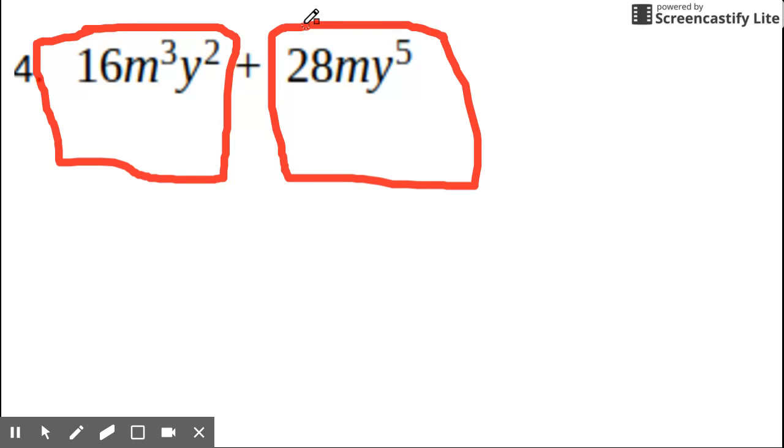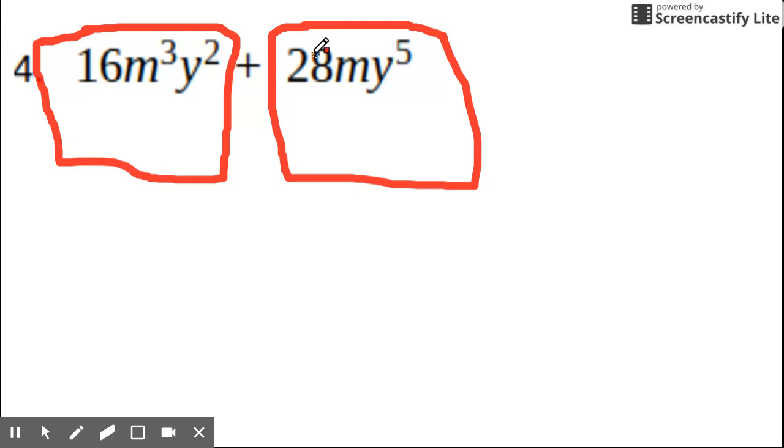Okay, let's focus on the numbers. You have 16 and 28. What's the biggest number they have in common? You might think 2. 2 times 8 is 16. 2 times 14 is 28. But 2 is small. Think of the biggest number that 16 and 28 both have in common.